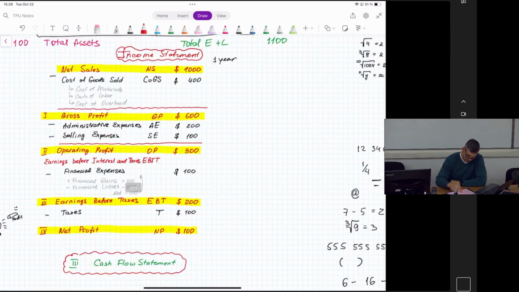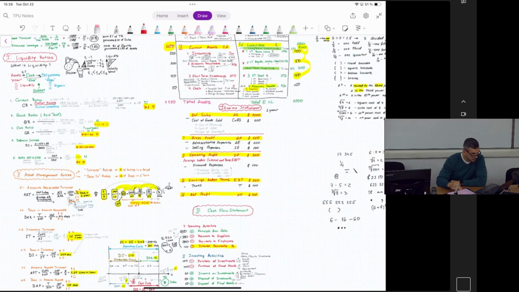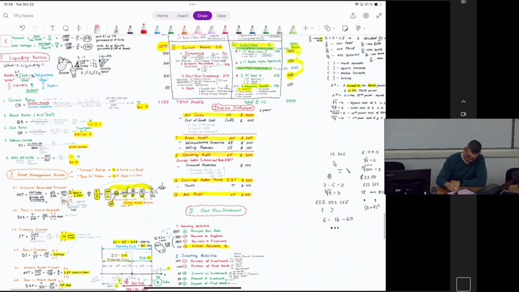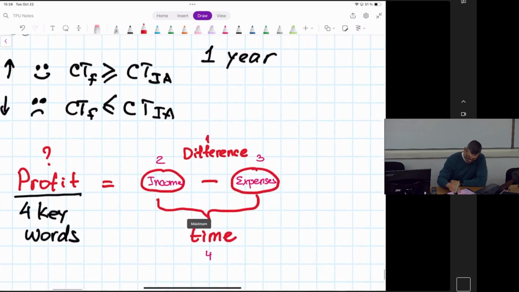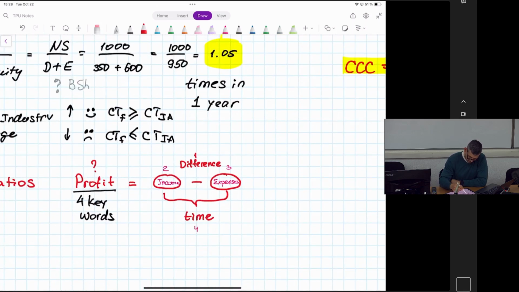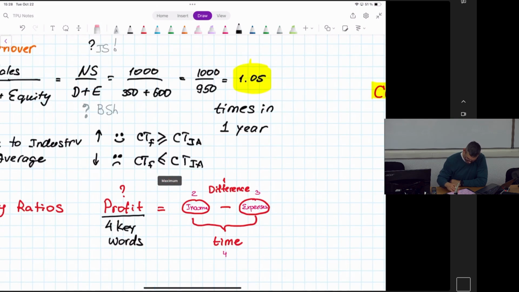So let me put it this way. If we go back, the income usually is some form of sales or some gains. Whatever has a plus to it, it's what comes to us.